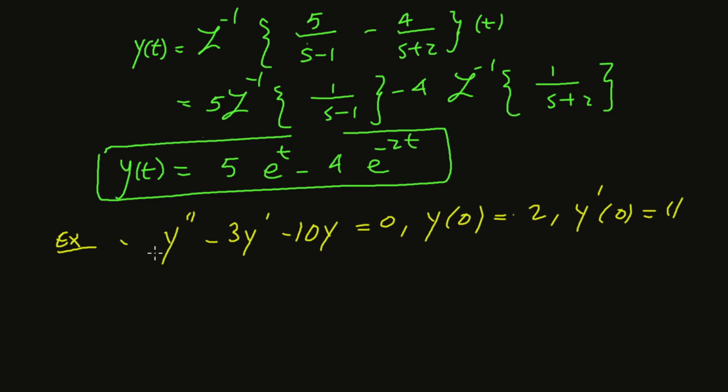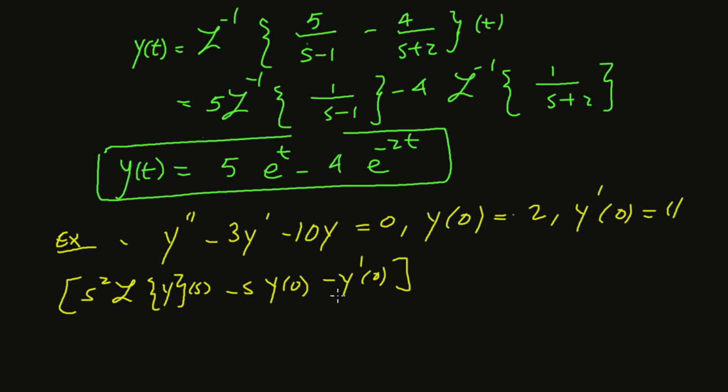Then with linearity, it's going to be the Laplace transform for the second derivative there, which gives you this, and of course on s, right? Minus s times y of 0, minus y prime of 0.